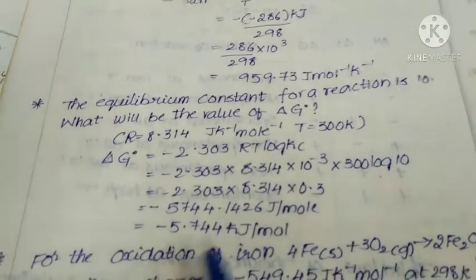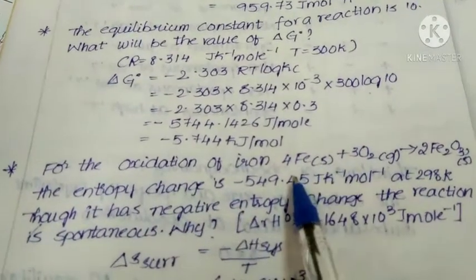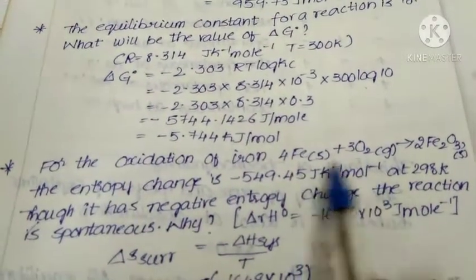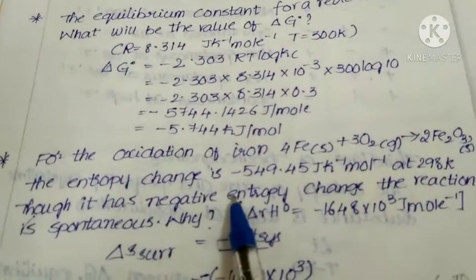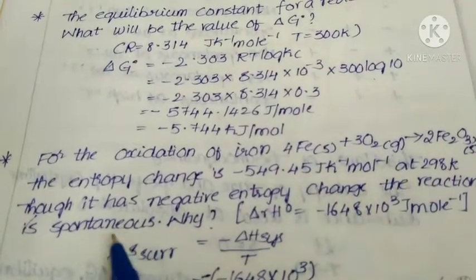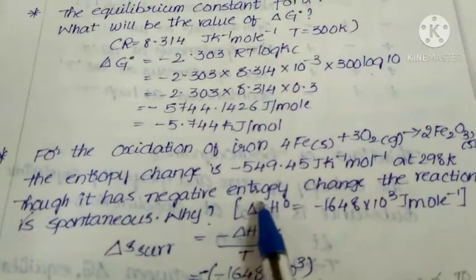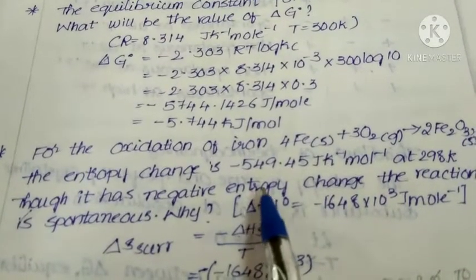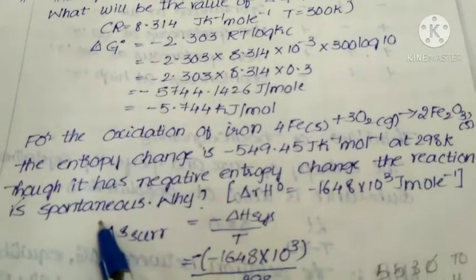Next, one more question: for the oxidation of iron, the enthalpy change, delta H, is given at 298 Kelvin, and the entropy change is negative, but the reaction is spontaneous.